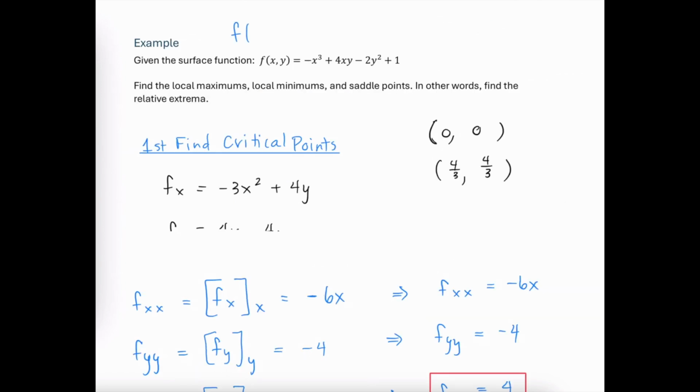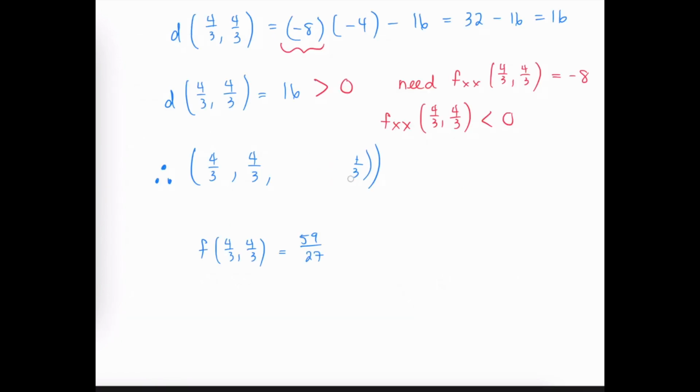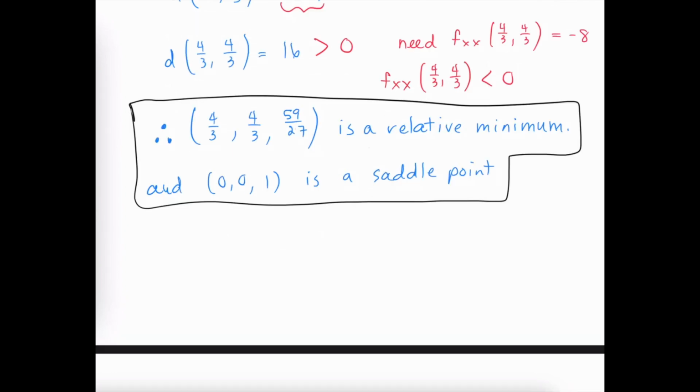So if we go back up here and we evaluate this surface function at (4/3, 4/3), what we'll end up with is the value 59/27. So we'll replace this with the actual z value and say that this ordered triple is a relative minimum. And let's bring our other finding down here so that everything is in the same spot, and this is our final answer.